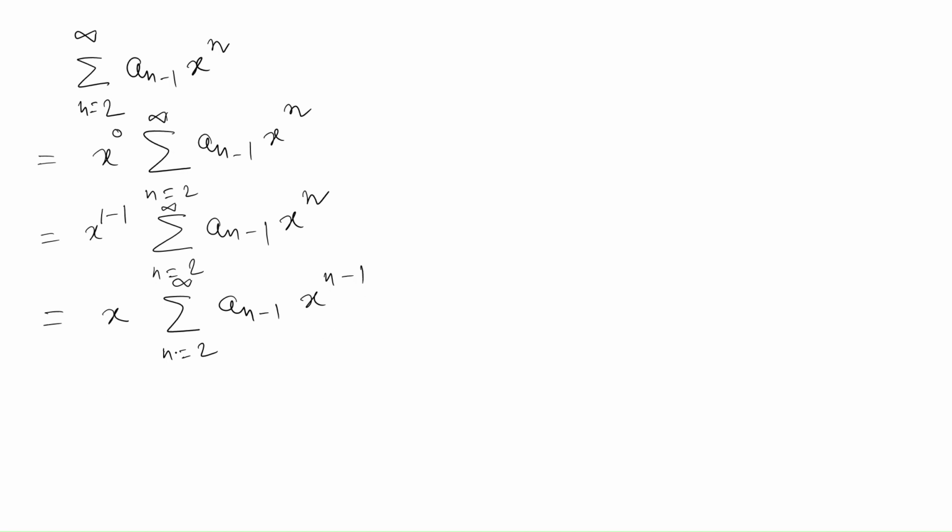Now you see that if you put n equals 2 here, then we are getting a1 x power 1 plus a2 x power 2 plus a3 x power 3 plus so on.